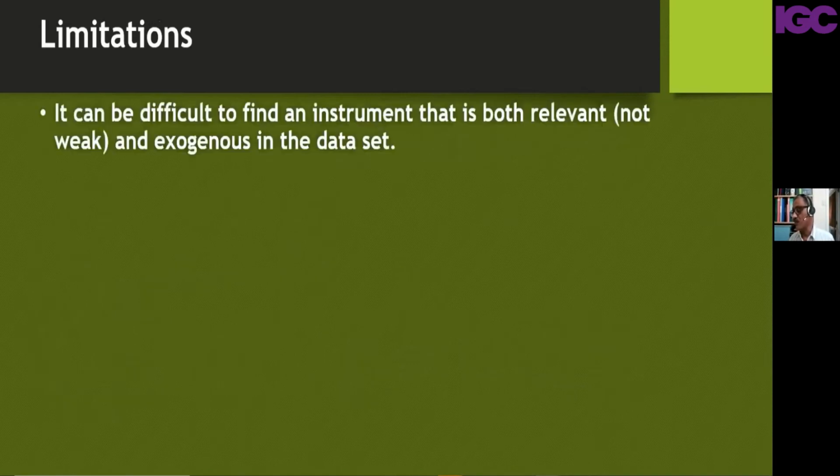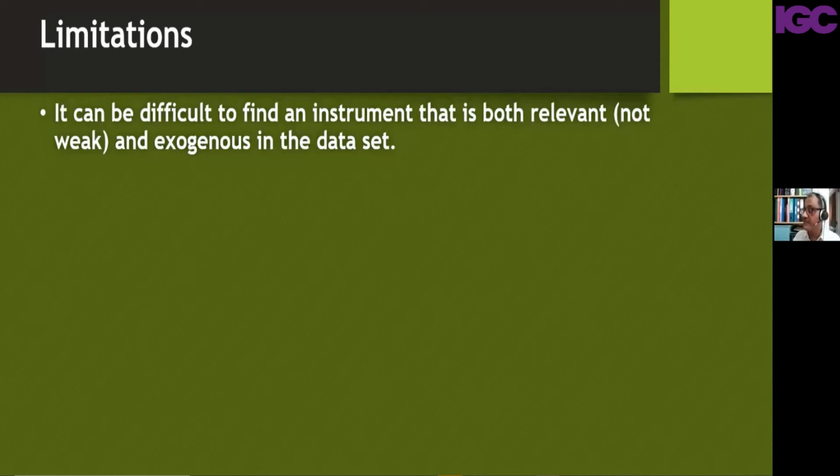Now, what are the limitations of the instrumental variables method? The biggest difficulty is that it can be very challenging to find an instrument that is both relevant and not weak, and is also exogenous. And this has to be a variable which is available to you in the data set.